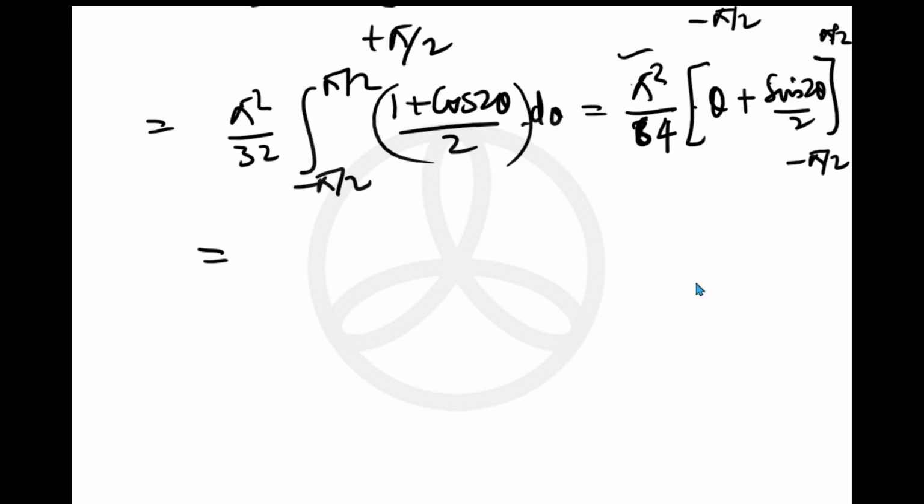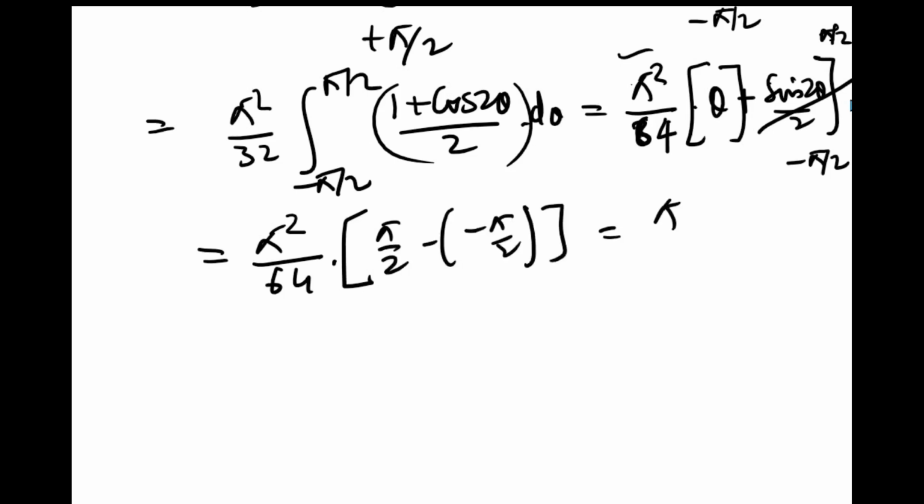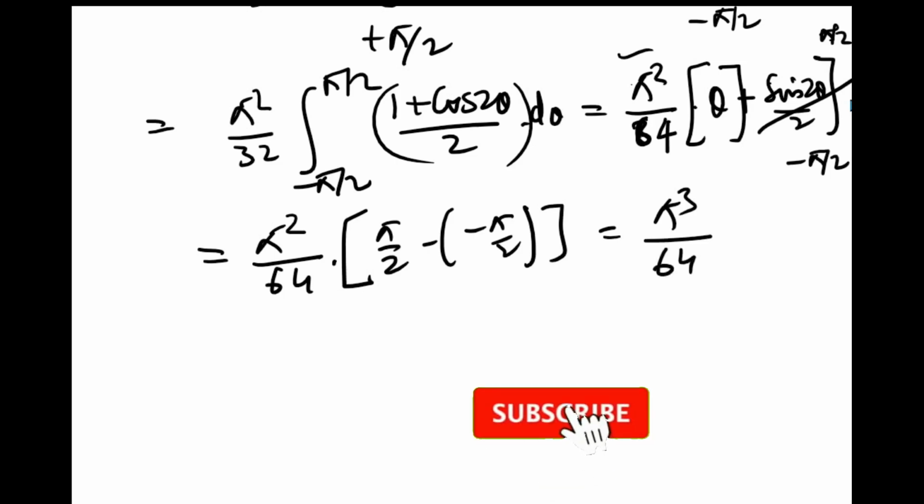I will straightforwardly write the integration. This is theta plus sin 2 theta divided by 2, the 2 we have already taken out, from minus pi by 2 to pi by 2. At both minus pi by 2 and pi by 2, sin 2 theta will become sin pi and sin minus pi respectively. This is 0, we can simply ignore, and this can be written as pi square by 64 times pi by 2 minus minus pi by 2. This is nothing but pi. We get pi cube by 64.